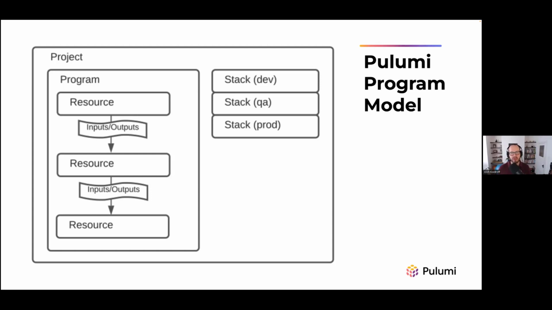Let's say you're running Kubernetes, and you want to have fewer worker nodes or less powerful worker nodes in your dev environment than you would have in your prod environment. So you can put configuration in your stack, consume that configuration from your Pulumi program, and that way you can use a single Pulumi program to stamp out multiple environments. So it's a very powerful concept.